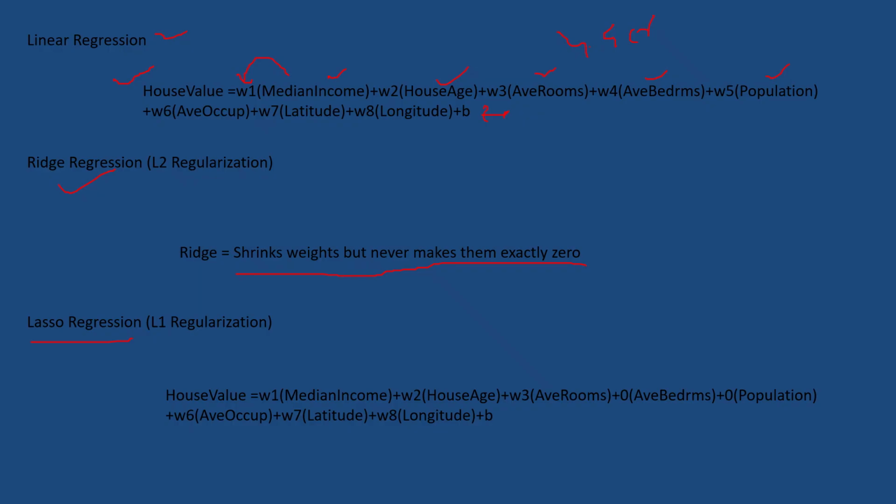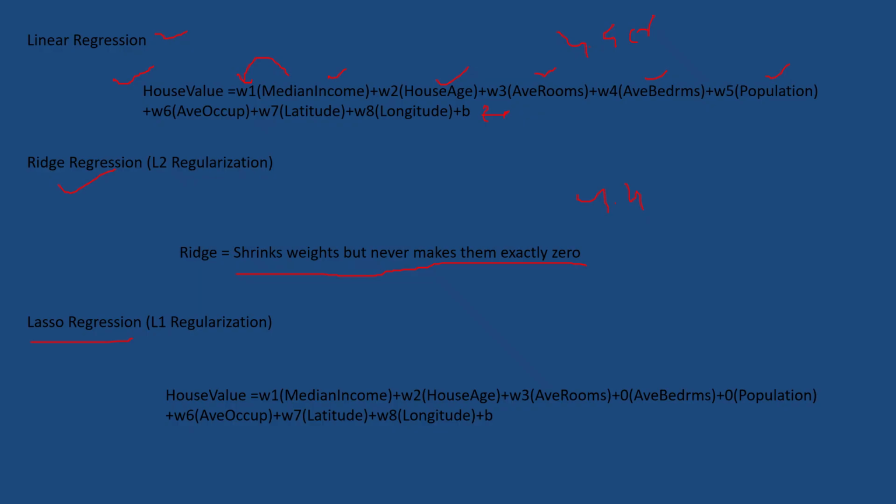If you go for ridge regression, it's going to predict 4.4. We used all 8 features, but we reduced some extreme weights to make the model more stable.